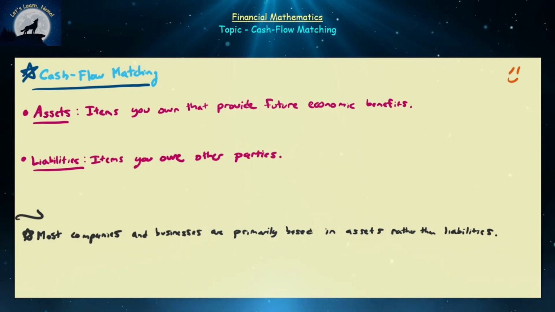The idea of equity is usually centered around two commonly used terms, assets and liabilities. Assets are simply items that you own that provide future economic benefits.